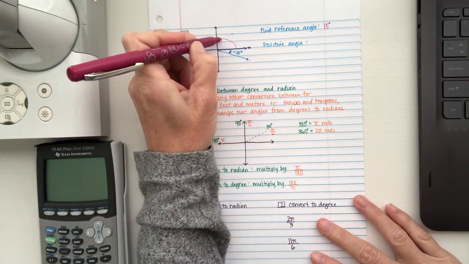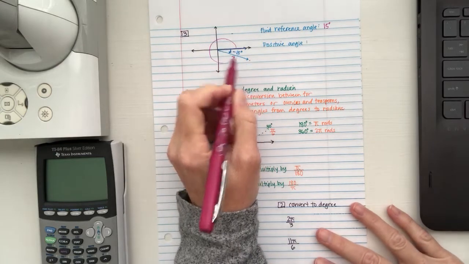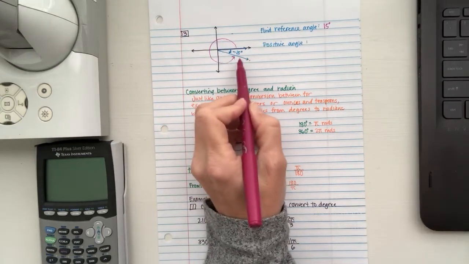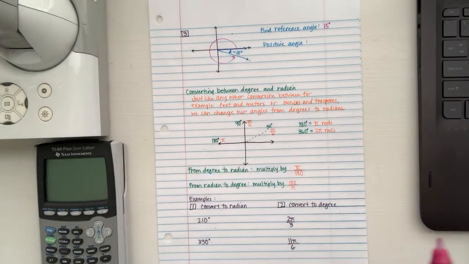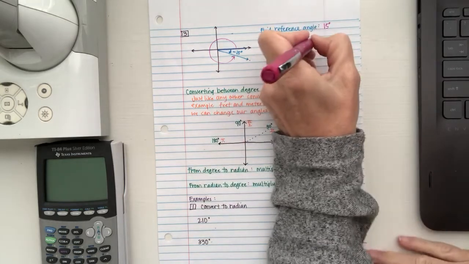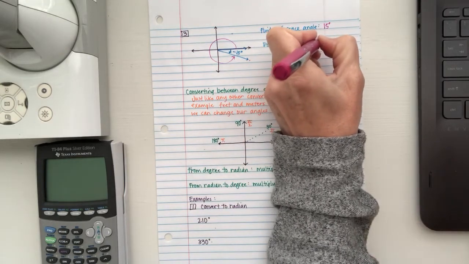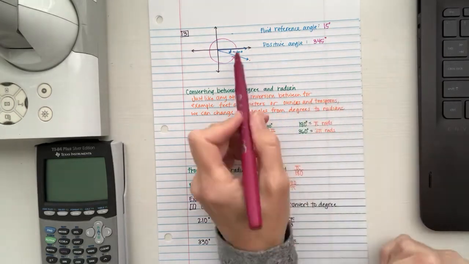So remember, I want to go all the way around and get to the same spot. Well, I'm 15 degrees short of making one complete circle. So if you take 360 and you subtract your 15, you get 345. So in this case, we have a 345 degree angle.